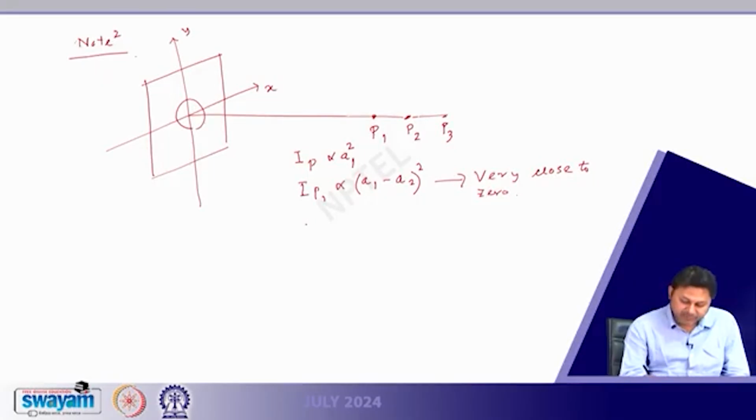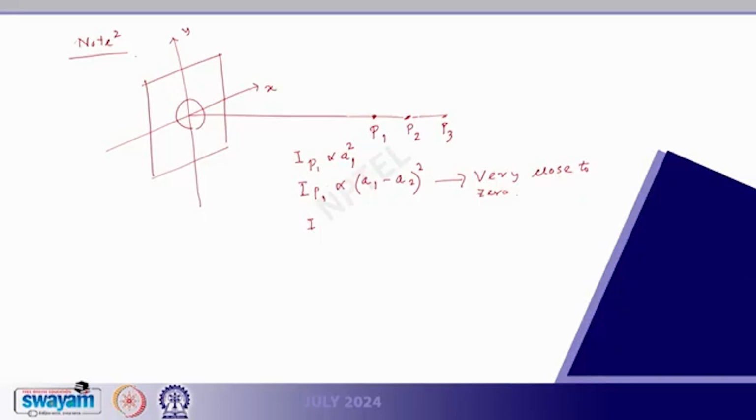Again, if I move to another point, so this is IP1, IP2 and IP3, that is proportional to A1 minus A2 plus A3, and this is again a high value, because A1, A2 will cancel out.